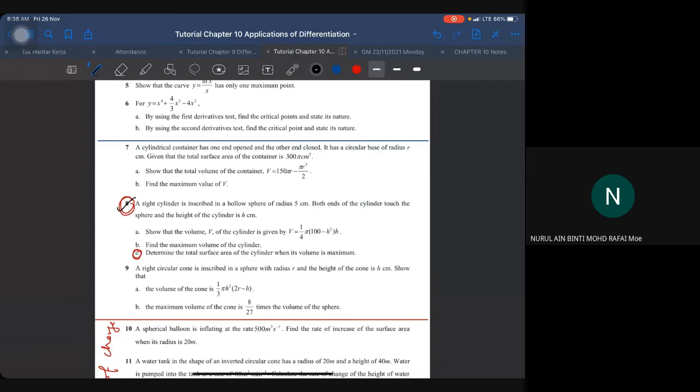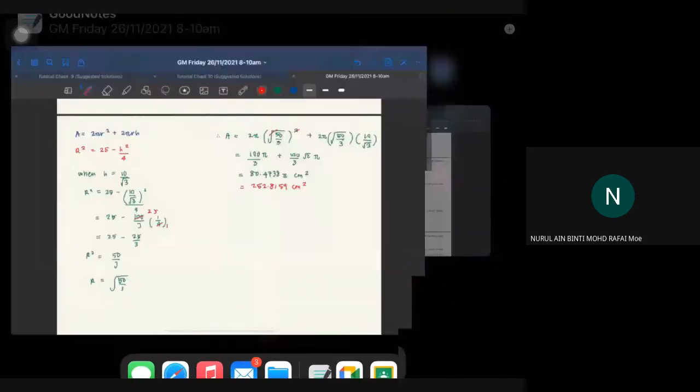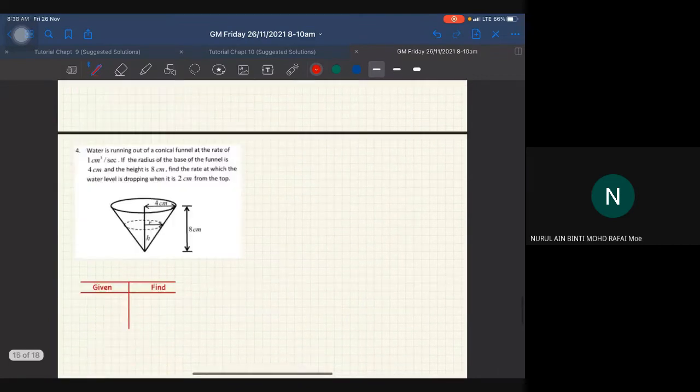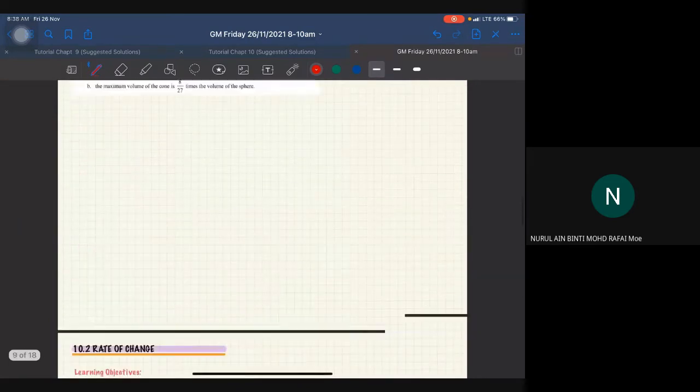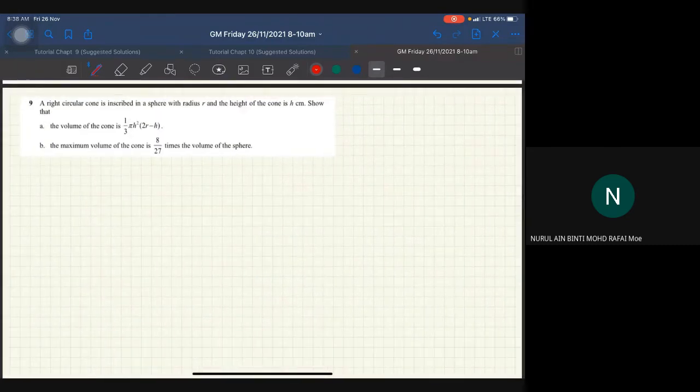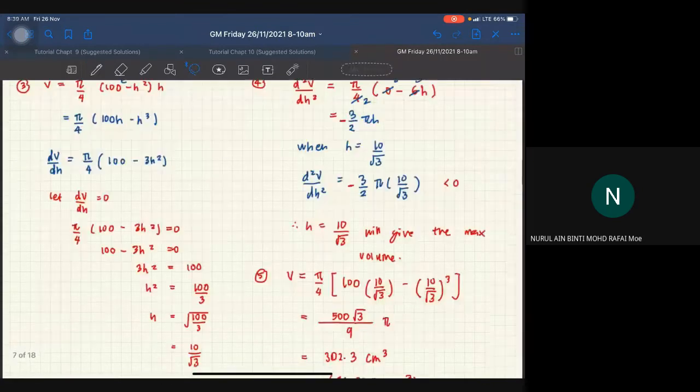Okay, so nombor 9 dia cakap kat situ, a right circular cone inscribed in a sphere with radius r. Okay, so tadi bentuk silinder. Sekarang dia nak masukkan cone pula ke dalam sphere. Okay, so kejap lukis je. Saya lukis bulat dulu, nak nampakkan gambaran dia. Okay, and then a right circular cone.